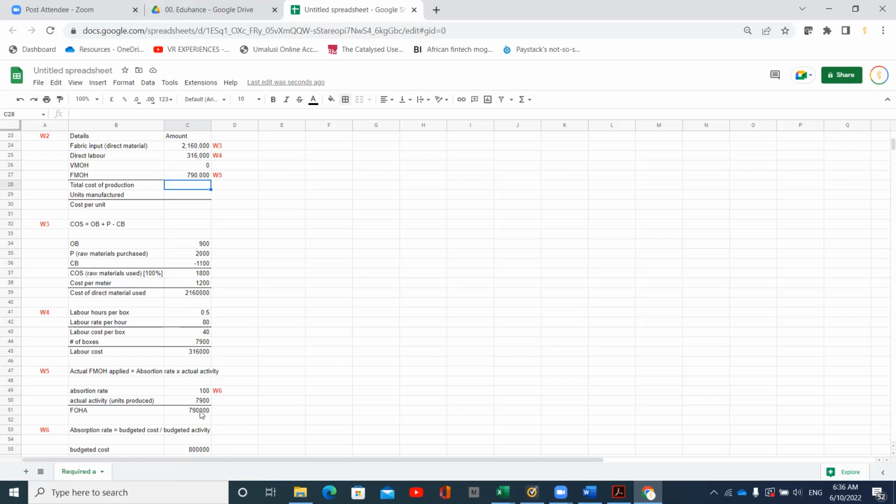However, let's just say we actually produced 8,100, you can see fixed overheads applied would have been 810,000 Rand. We wouldn't be able to apply 810,000 Rand. We'd have to limit it to the actual budgeted cost of 800,000 Rand. Okay, so just take note of that.